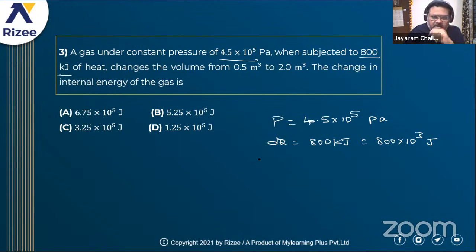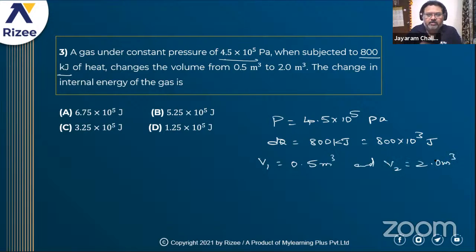And the volume is changing from V1, which we can write as 0.5 meter cube, to V2, which is 2.0 meter cube.